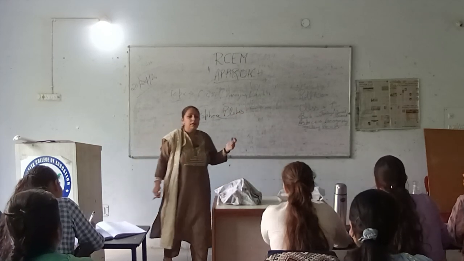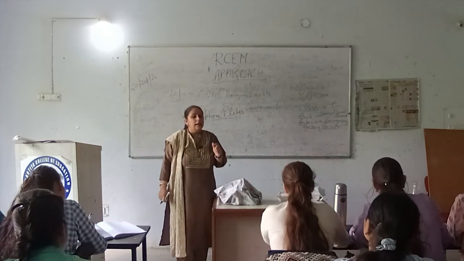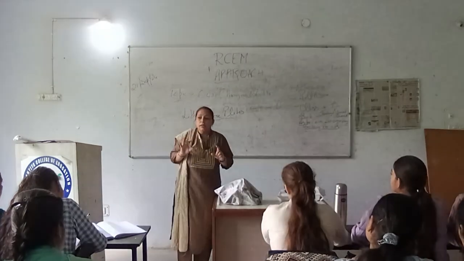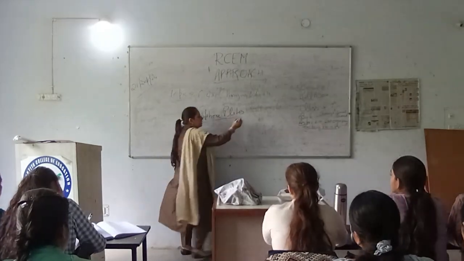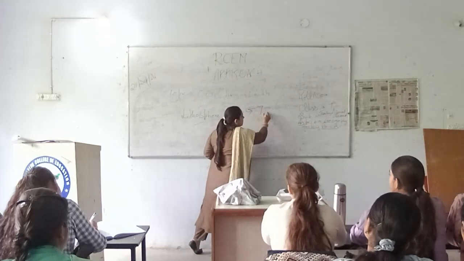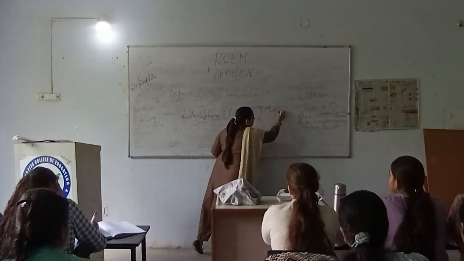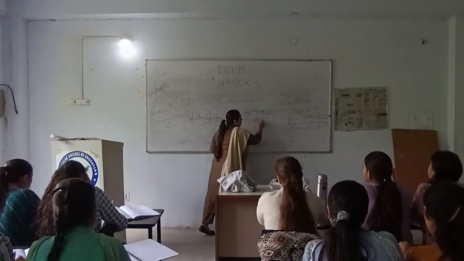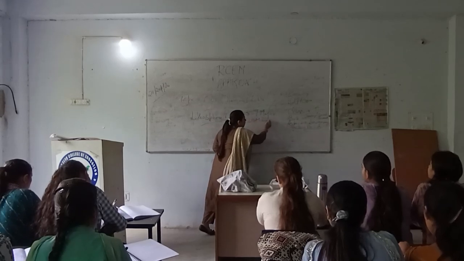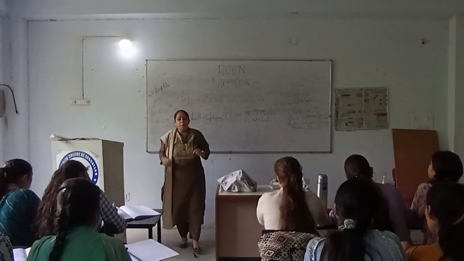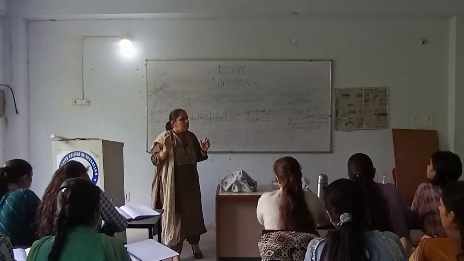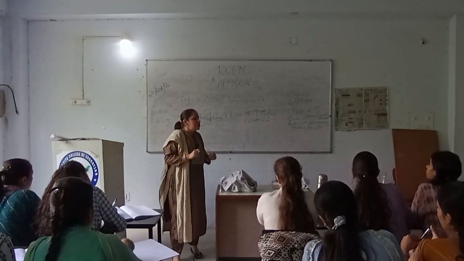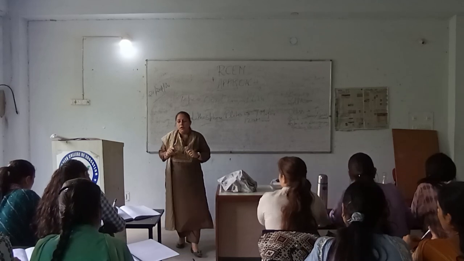These are the natural plates that are present in the earth, and there are 7 major plates and 120 minor plates. The biggest plate on this earth is the Eurasian plate.